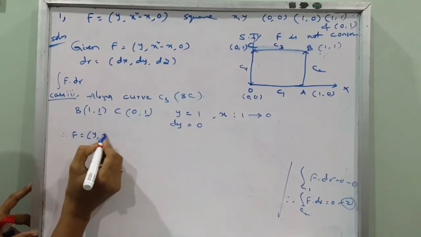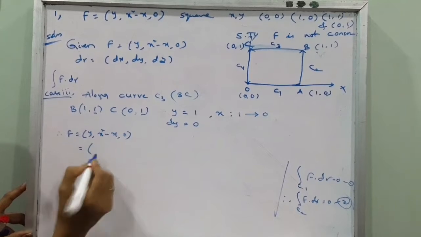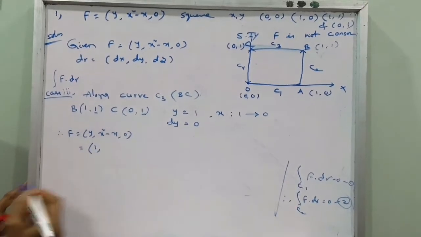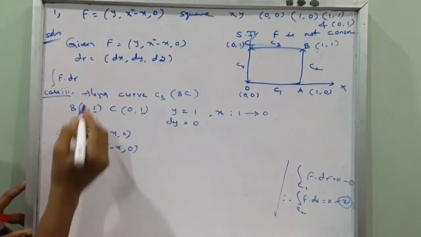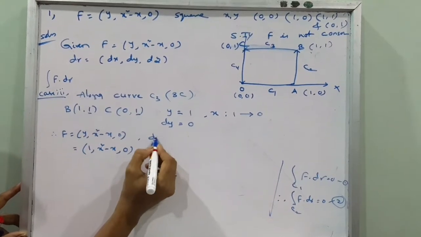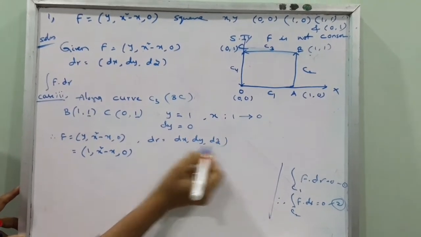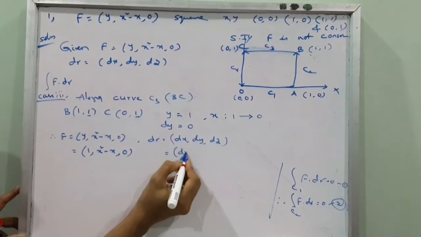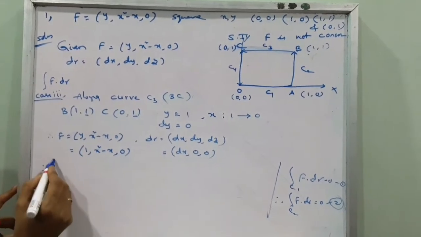Therefore, f is equal to (y, x square minus x, 0), which with y equal to 1 is (1, x square minus x, 0), and dr is equal to (dx, dy, dz), which is (dx, 0, 0), since dy and dz are 0.